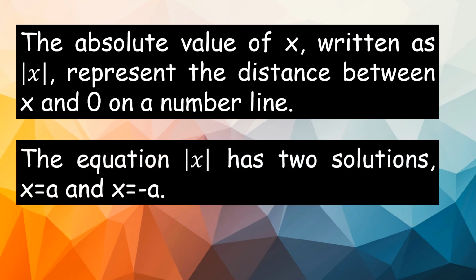Now the equation absolute value of x equals a has two solutions: x is equal to a and x is equal to negative a. Let's recall that when we study absolute value, for example, the absolute value of 4 is of course 4. And if you have the absolute value of negative 4, it would still be a 4.